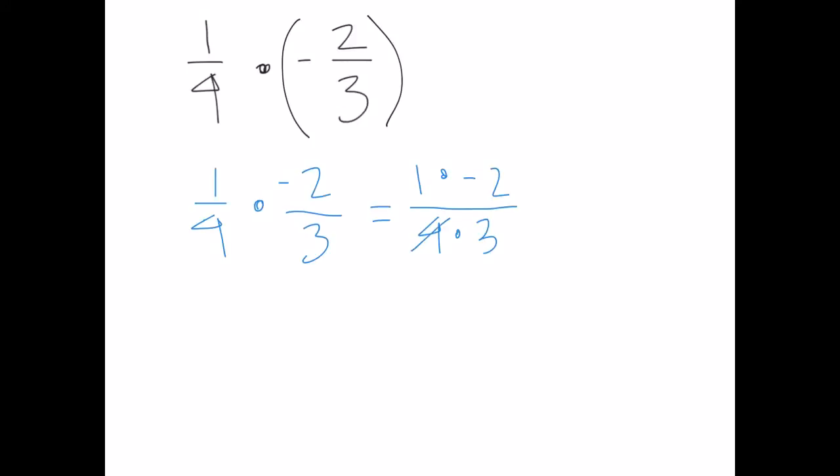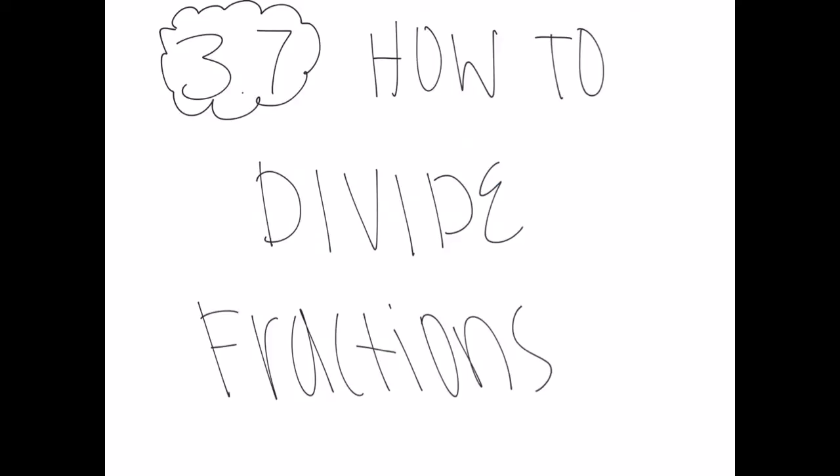And then cross those out, make that a 1, negative 1, and make that a 2. So makes it 1 over 6. The negative sign, and that's your answer.